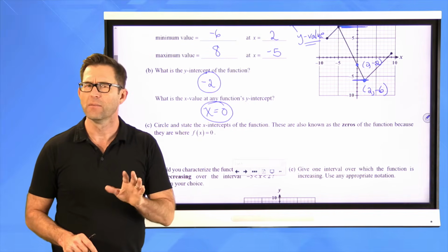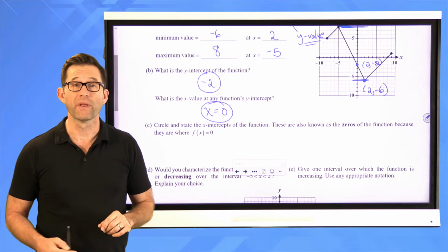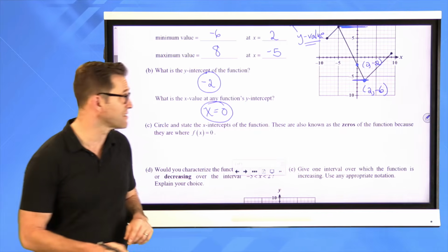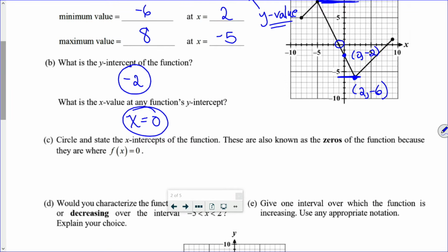You might want to think about why that is, but a function could have multiple places where it crosses the x-axis. In fact, this function has an x-intercept there and an x-intercept there, and they occur at x equals -1 and x equals 8.